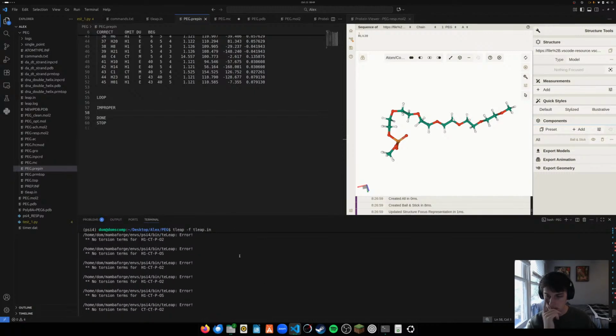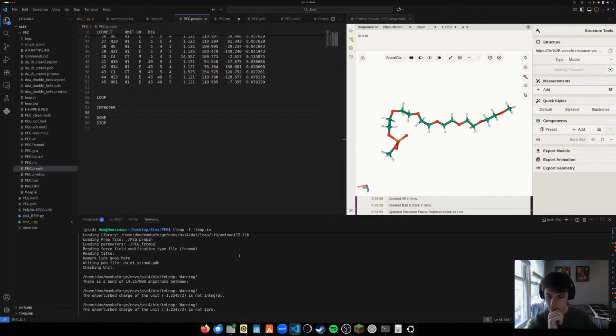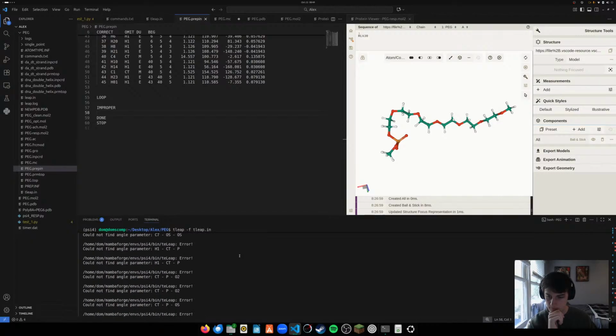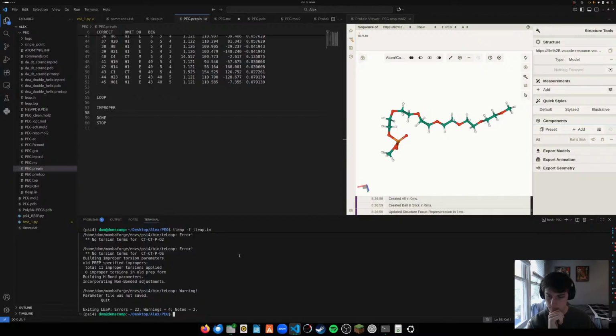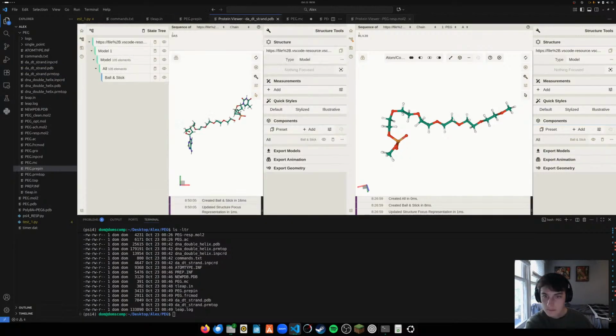I'm getting 22 errors. Great. Wait, do we make the PDB file at least? Yeah. Ooh, this. Oh.